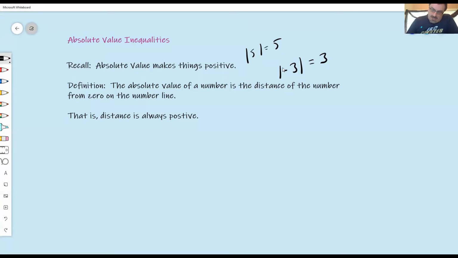When we talk about the definition, it kind of explains why things are always positive. The absolute value of a number is the distance of the number from 0 on the number line. Let's do a 5 here. Here's 0 and here is 5. This distance here is 5.